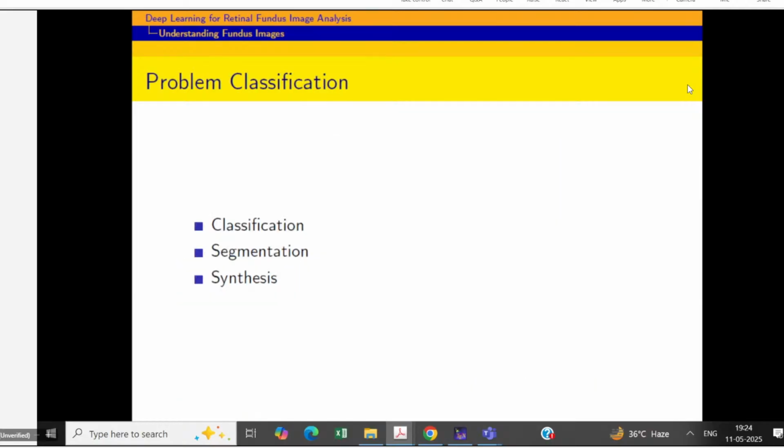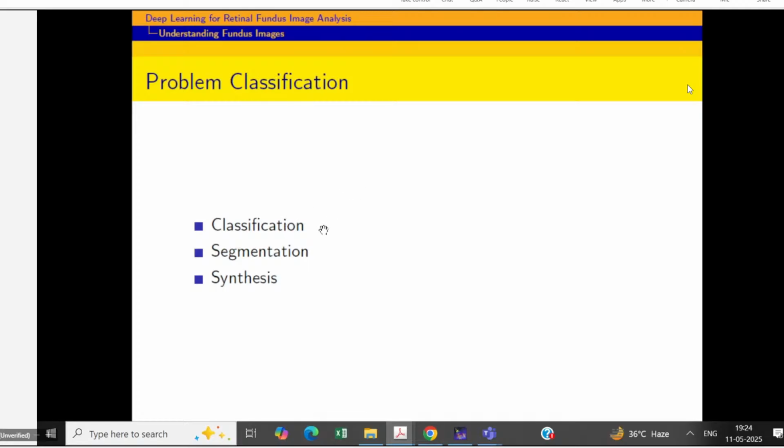So if I categorize the problem, the problems of retinal image analysis can be broadly categorized into three types: classification, segmentation, and synthesis. So classification is very simple. As you know, you have to classify whether the fundus image belongs to, for example, glaucoma or non-glaucoma.